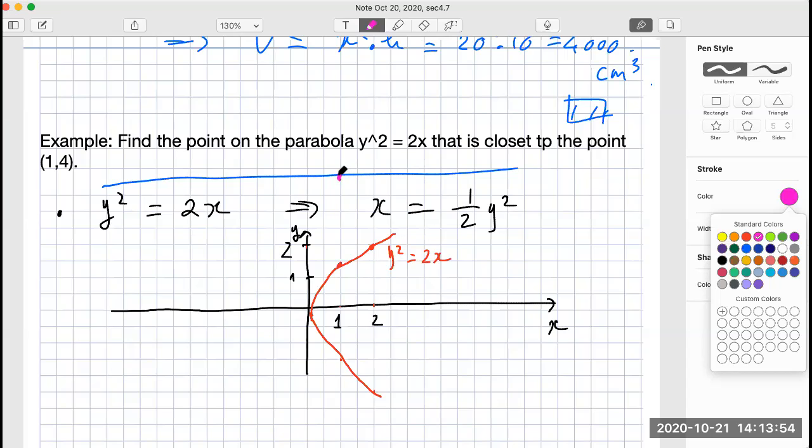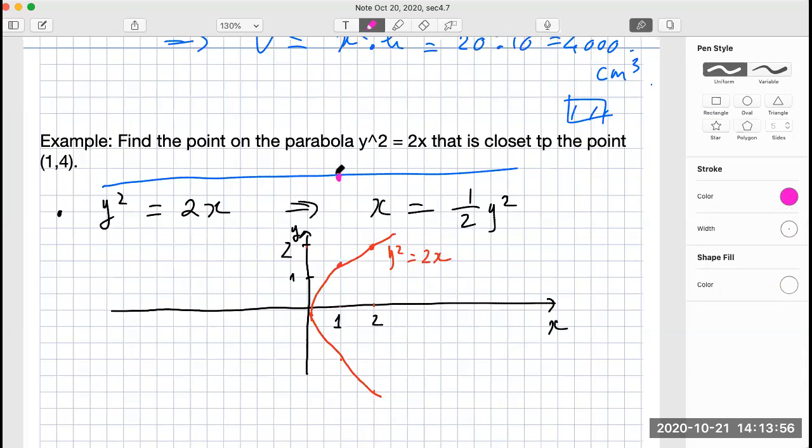It's not a good drop, but you can see it, right? This point 1, 4 does not belong to the graph. And we find the shortest distance from this point to the parabola here. Okay, that is our task.